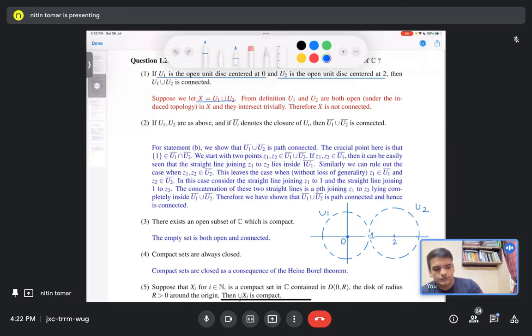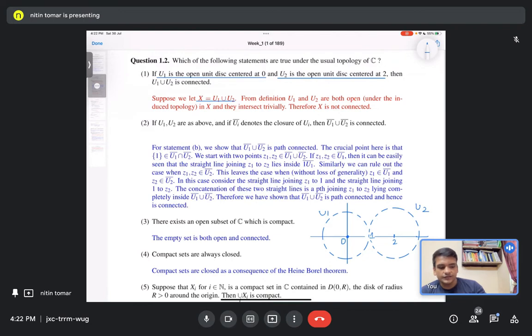From the definition, u1 and u2 are both open and they have empty intersection. So by the definition itself, X is not connected. What is the definition of a set being not connected? That this set can be written as a disjoint union of open sets, under the induced topology. So this set is not connected.